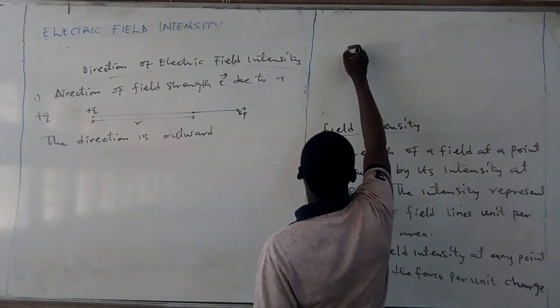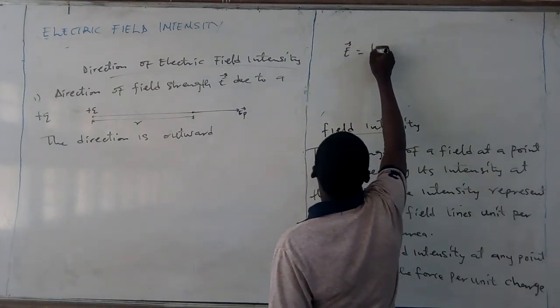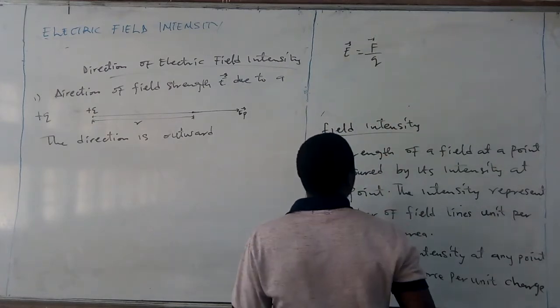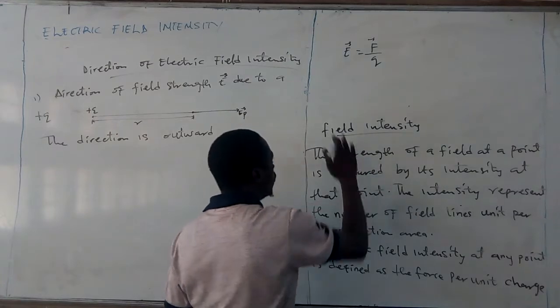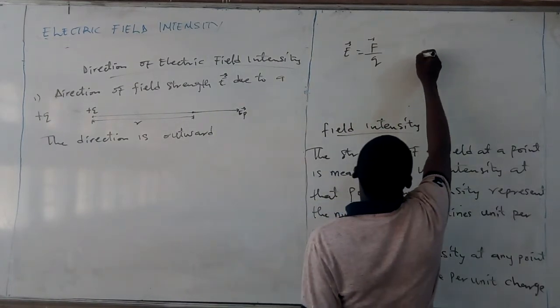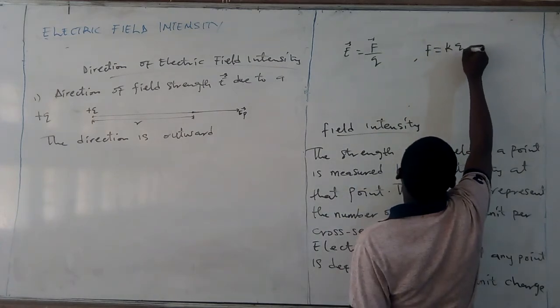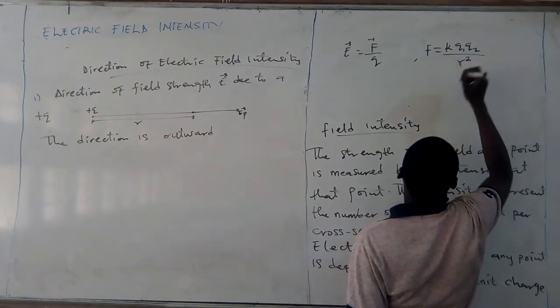So we can have something like this: the electric field will be equal to the force per unit charge, which is a vector quantity. Now, from Coulomb's law, we already know what force is. You know that force is equal to K Q1 Q2 all over R squared.